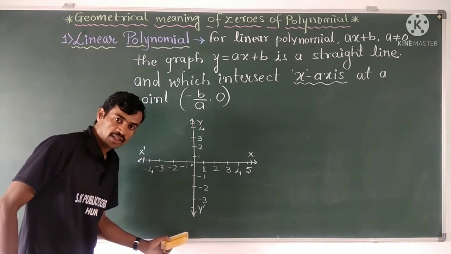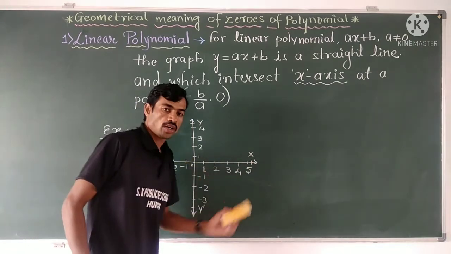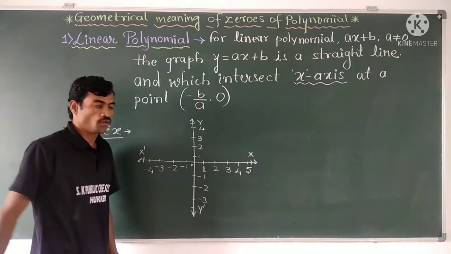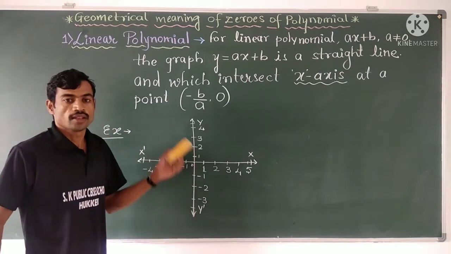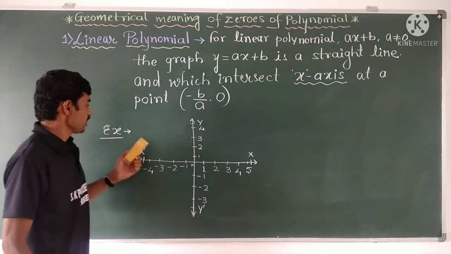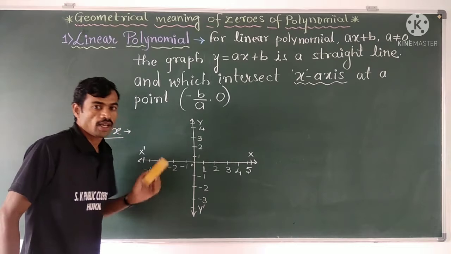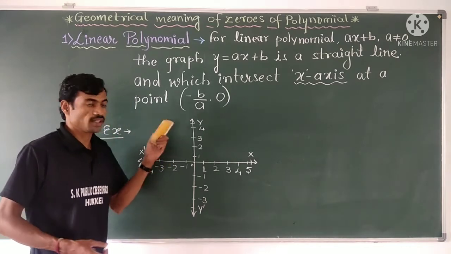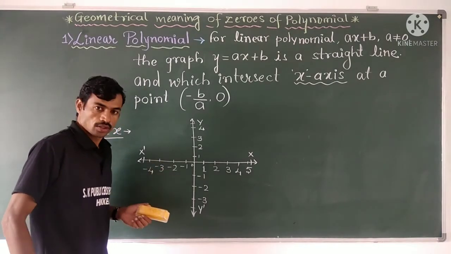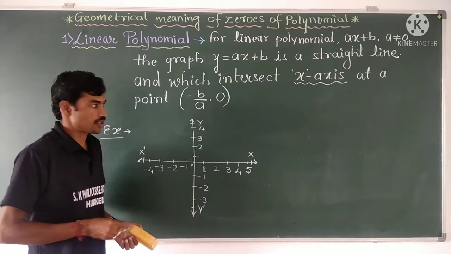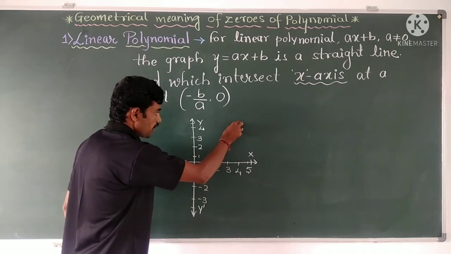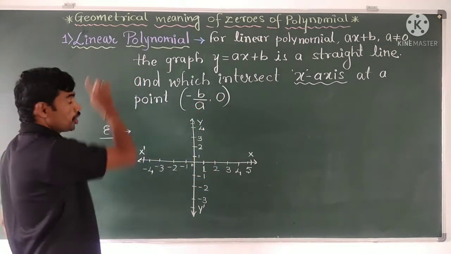So one vertical line is the y-axis, and one horizontal line is the x-axis. Suppose they ask us to find the zeros of a given linear polynomial by this geometrical method. How do we construct the graph of the given polynomial? Just see, we need to construct one graph. What type of graph do we obtain for a linear polynomial?